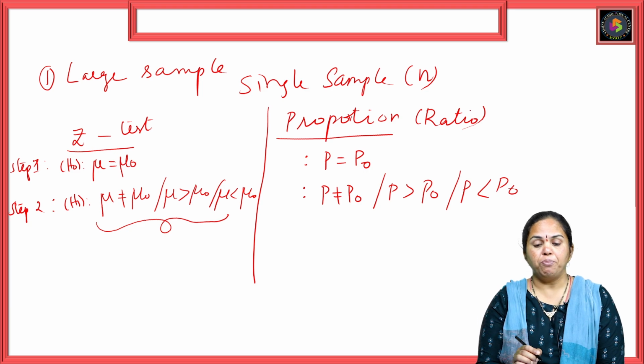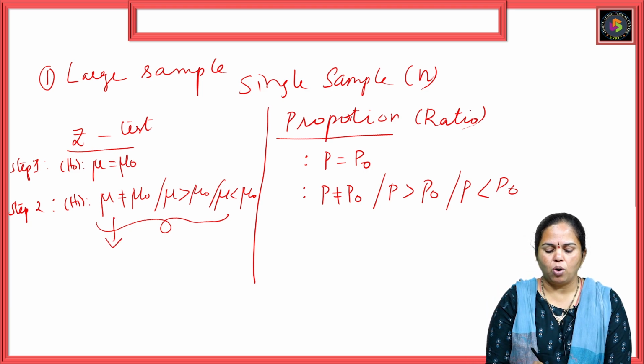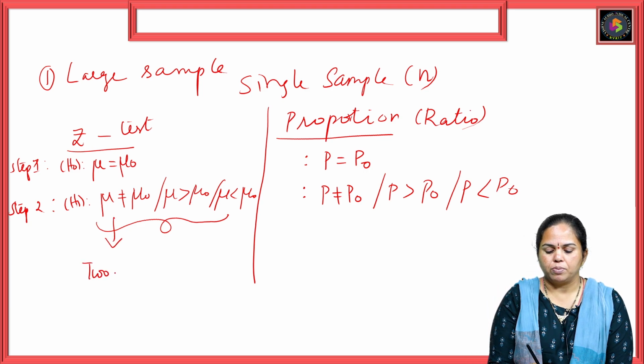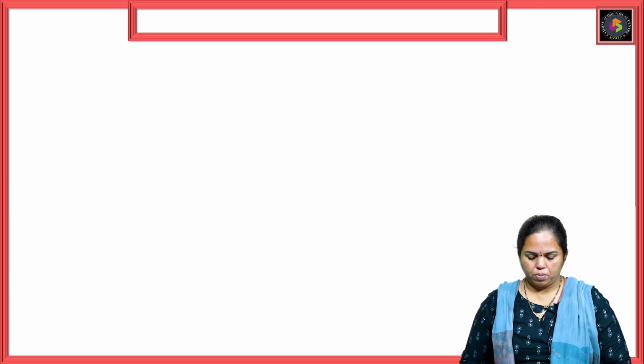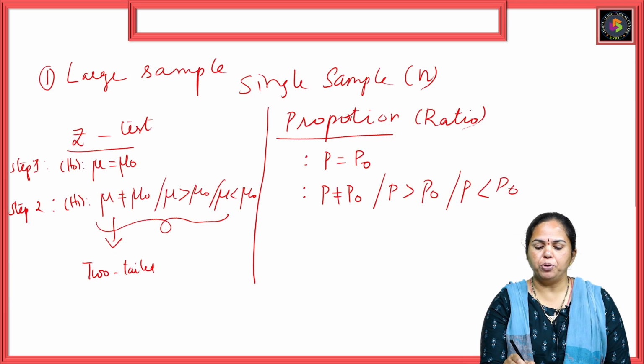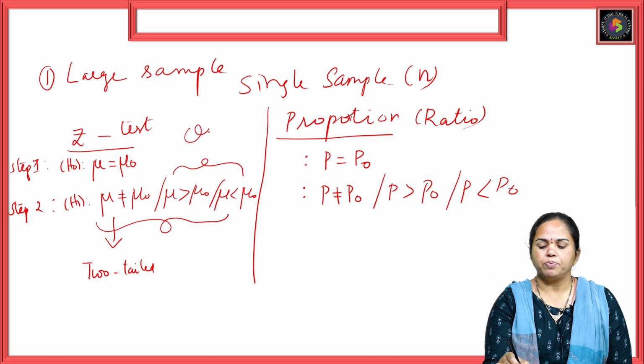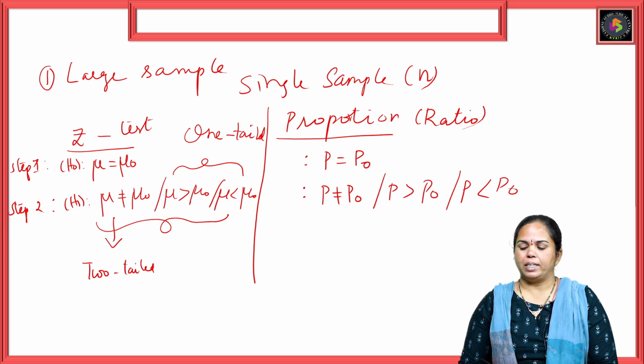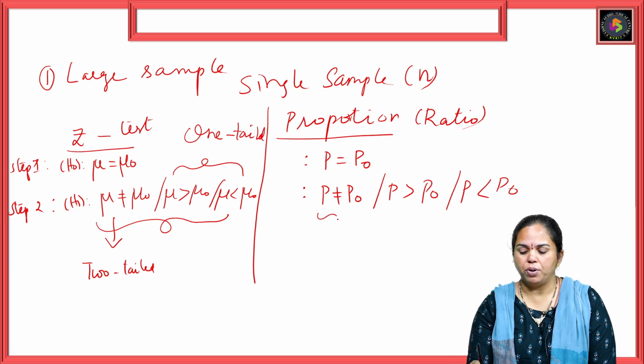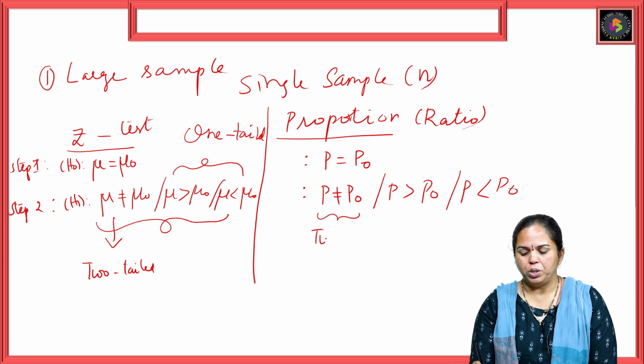So when you have mu not equal to mu naught, it is called as two-tailed test. And when you have mu greater than mu naught or mu less than mu naught, it's called as one-tailed test.